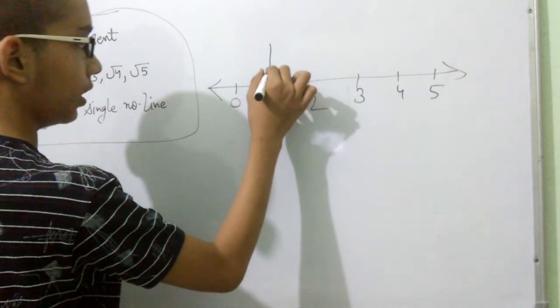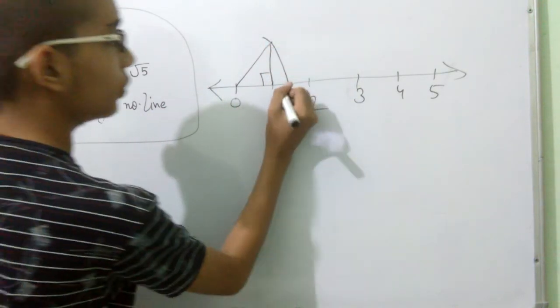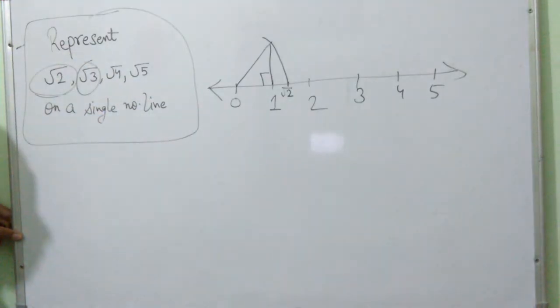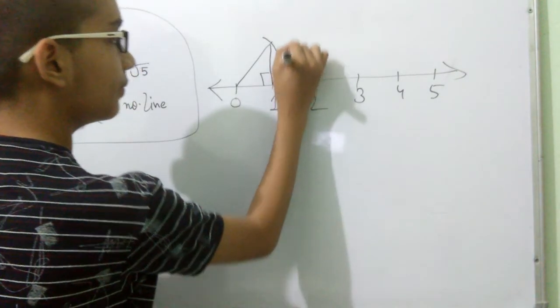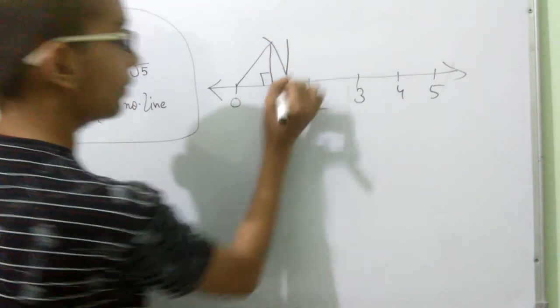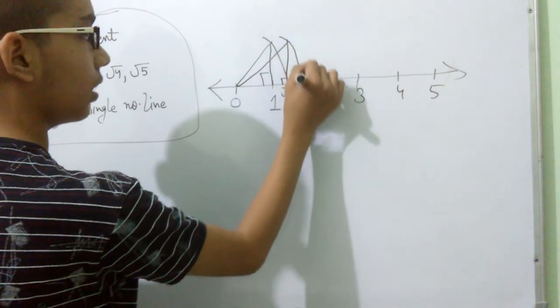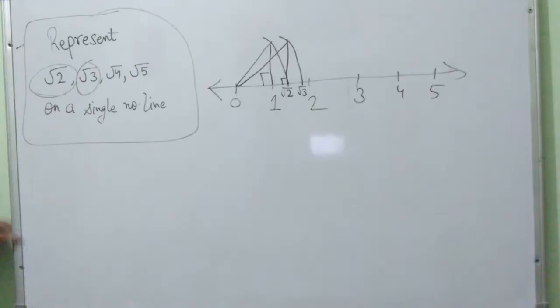Make a perpendicular of 1 unit length on this. This is root 2. To make root 3, what do we have to do? Make a perpendicular, join this and make an arc. It is root 3. Root 2 has come, root 3 has come.